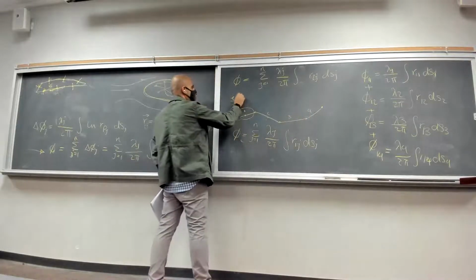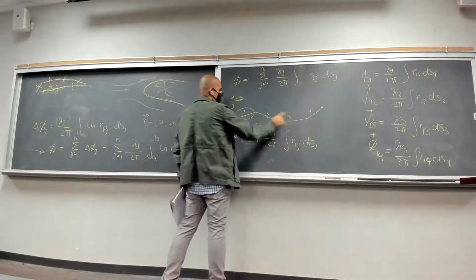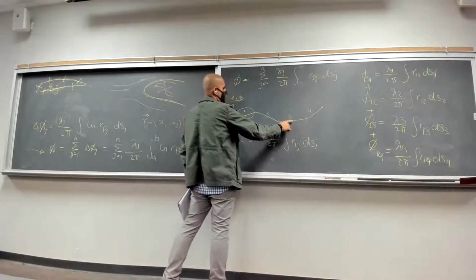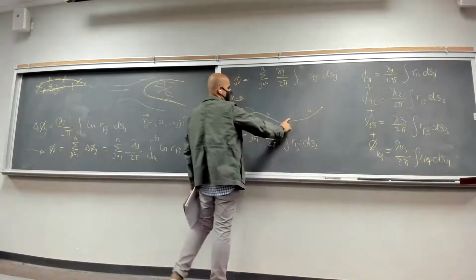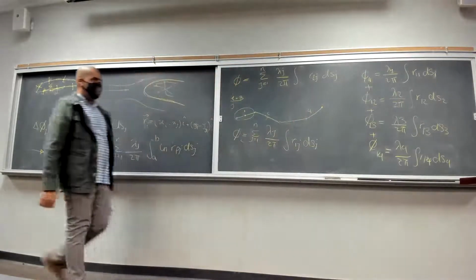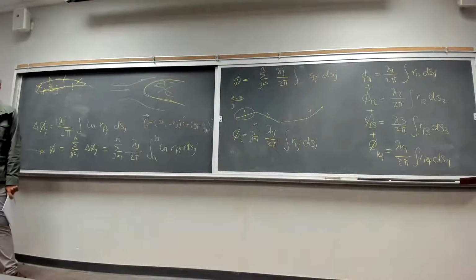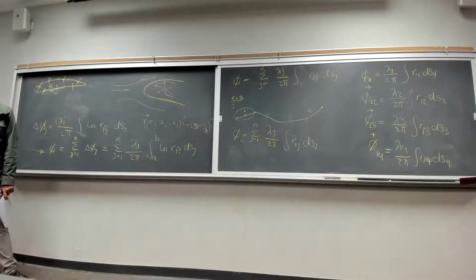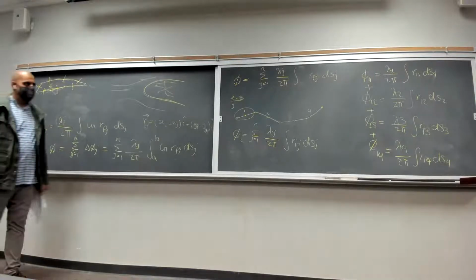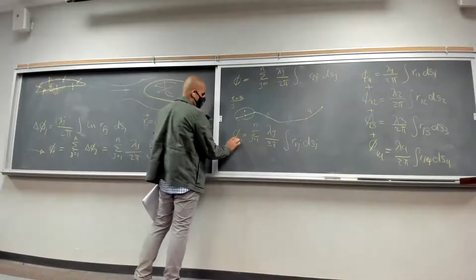Then you can make your I 3, which is this panel: the velocity potential induced by this one, plus the one induced by this one, the velocity potential induced by 3 on itself, and the velocity potential induced by 4 on 3. That will be phi of ij.